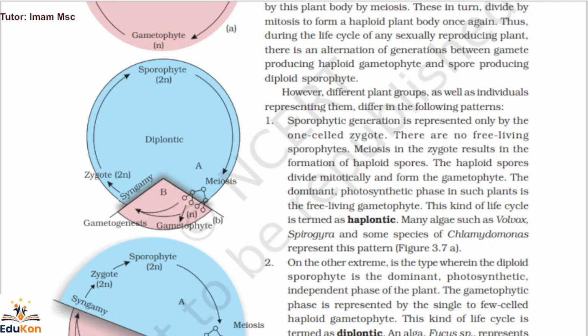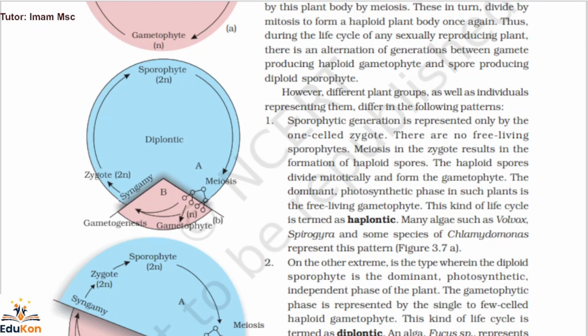You may have 3 options directly from the textbook, and maybe the 4th option will be all of the above. Again, what is false? Find the false statement regarding the haplontic life cycle. Like that we need to prepare when we are studying the NCERT book. Mostly the questions are from the NCERT book, so we need to see how the questions are coming.